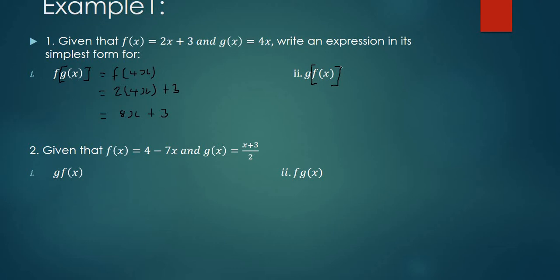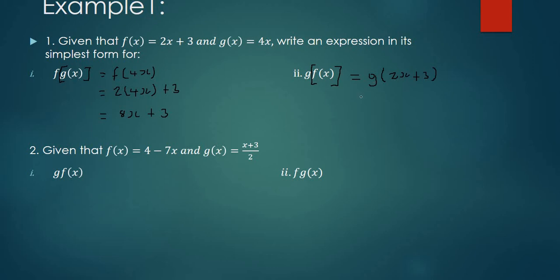So this is the same thing as saying we are finding g of, instead of writing back f of x, we know that f of x is 2x plus 3, so we're going to replace that with 2x plus 3. And all we need to do is to substitute. So where we see x in the function g, replace it with 2x plus 3.